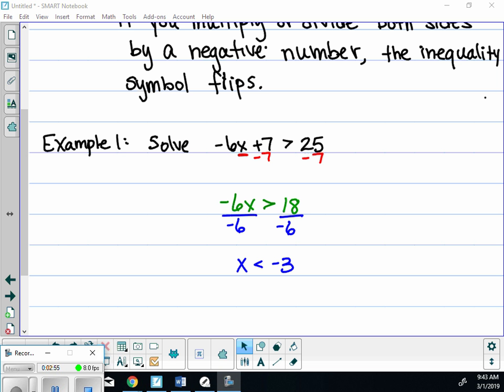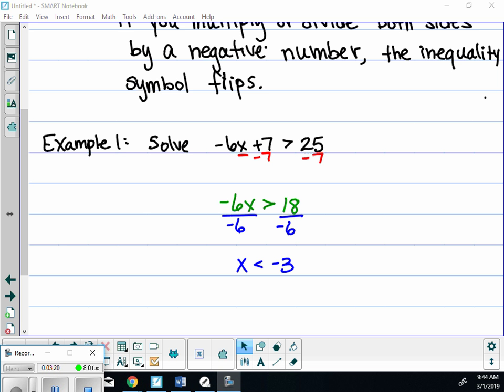So what this means is that as long as we plug in a number for x that is less than negative 3, so negative 4, negative 5, negative 6, negative 7, negative a million, we will get a true statement. If we plugged in a number larger than negative 3, like 0, we would get a false statement.